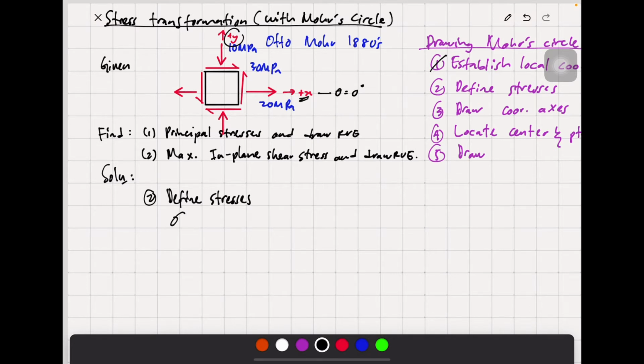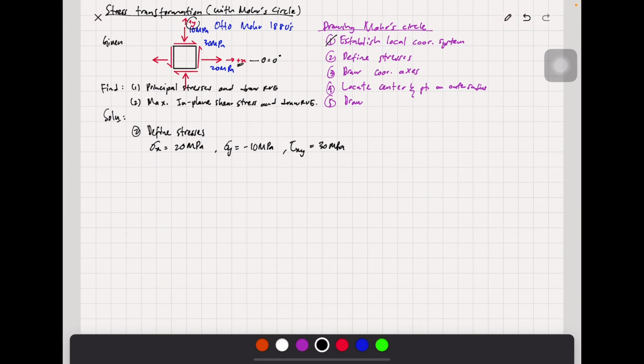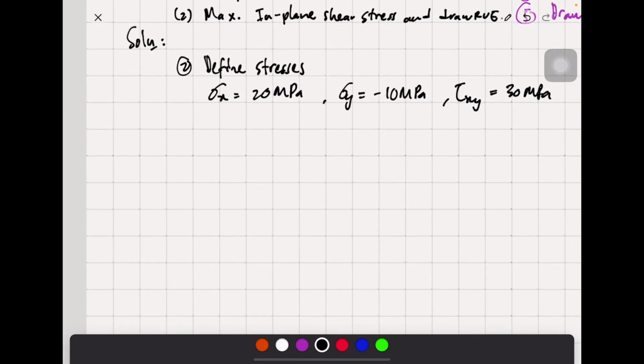They are simply sigma x equals 20 megapascal, sigma y equals negative 10 megapascal. This is the sign convention that we are using. Tau xy, none other than 30 megapascal for our stress element.